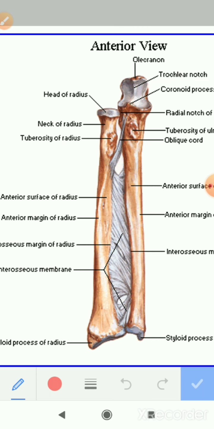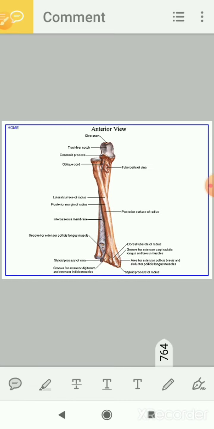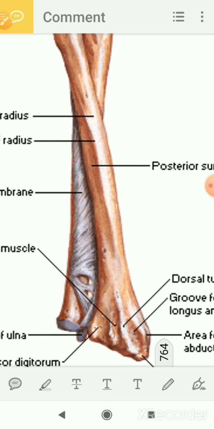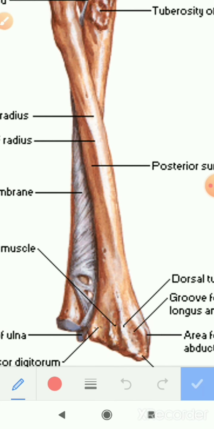So this one will be the anterior surface, then the posterior surface, this one will be lateral, this part will be the medial surface, and inferiorly there will be the inferior surface. The posterior surface has the Lister tubercle. We have already shown you. Look at that. This part is called Lister tubercle.